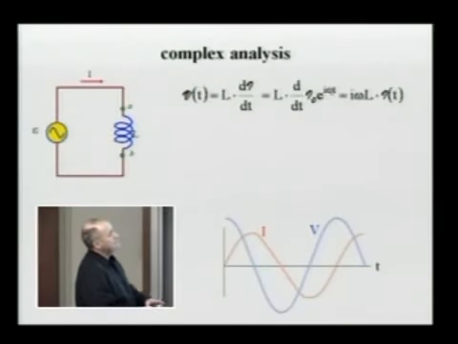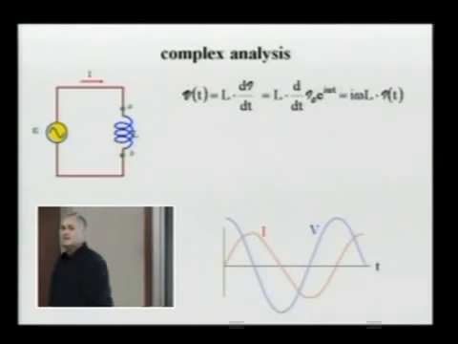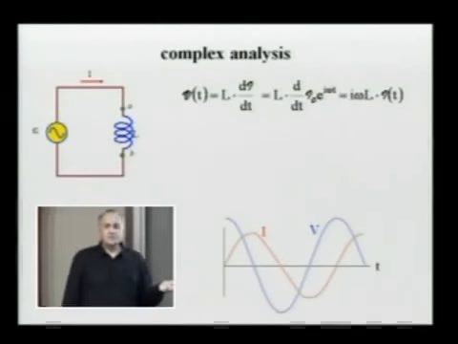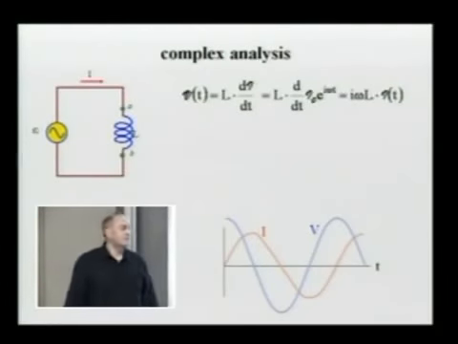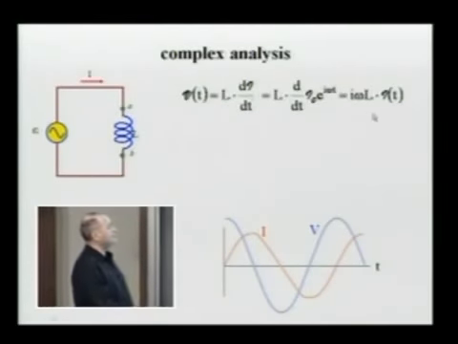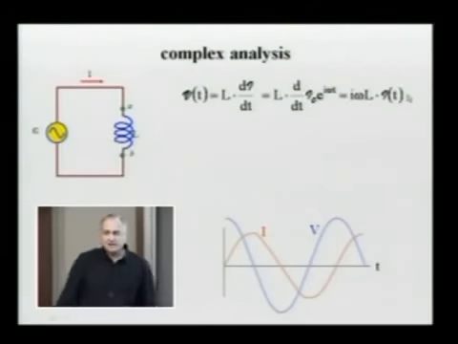So the derivative of the internal function will be just i omega. And exponential function has this property that when you calculate the derivative of exponential function, you get again exponential function. So calculating derivative of exponential function is equivalent to multiplying the function by a certain constant. Well, that constant here is i omega. All right, so this way I was able to relate complex voltage with complex current.